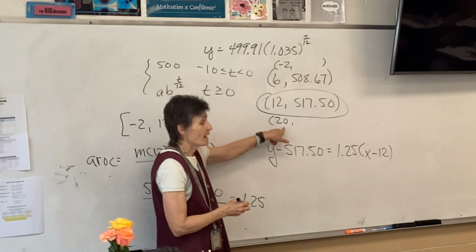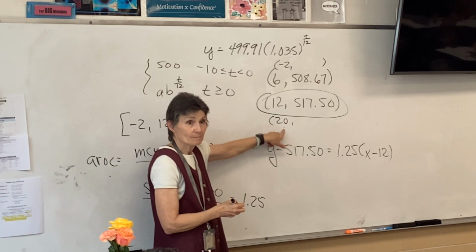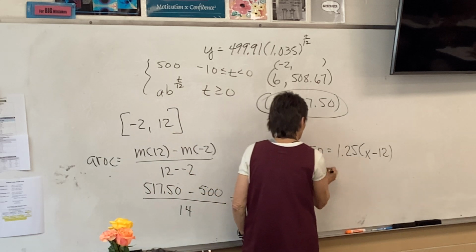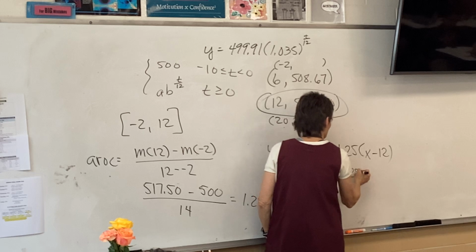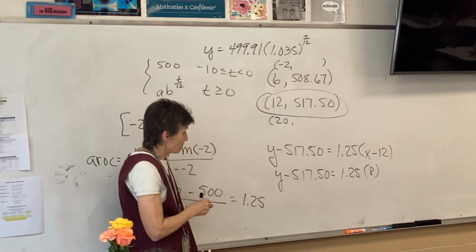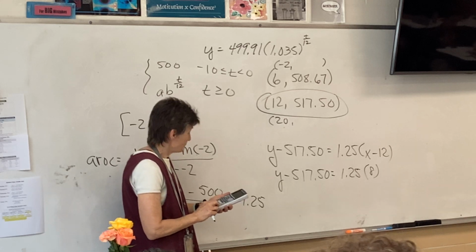But I want x to be 20. So I'm going to put 20 in there, minus 12, and then do the math.